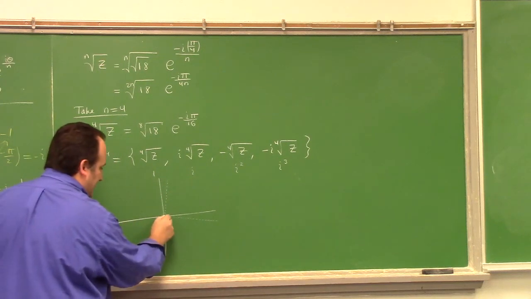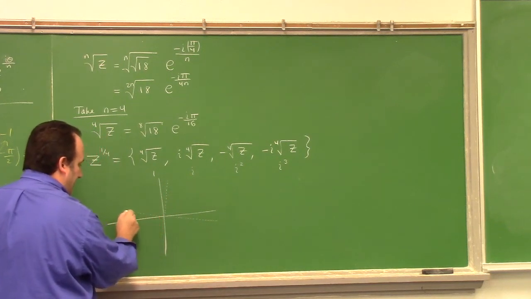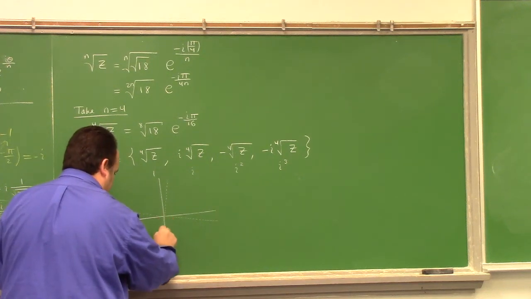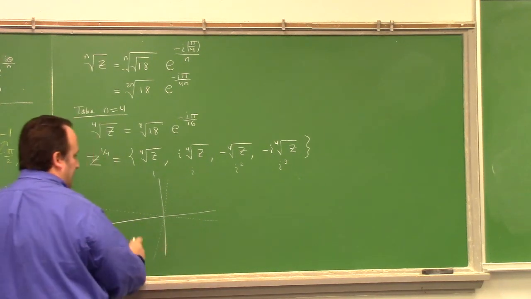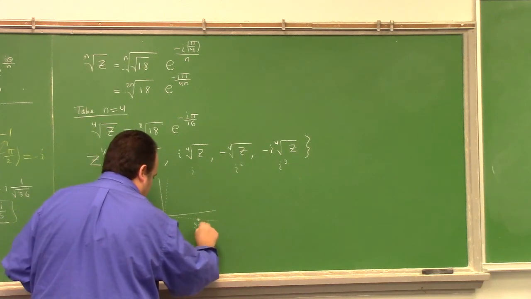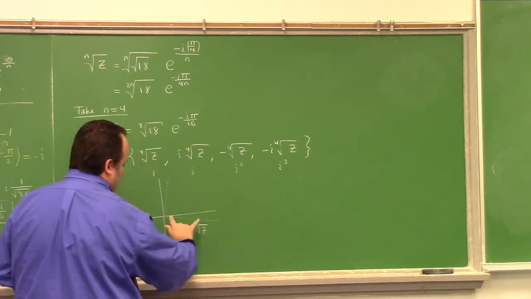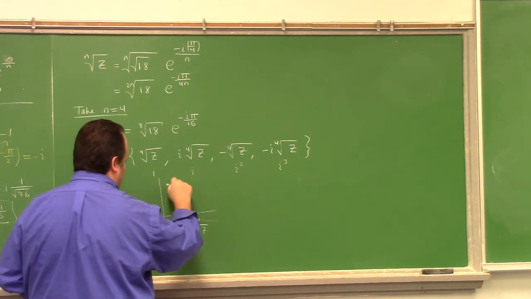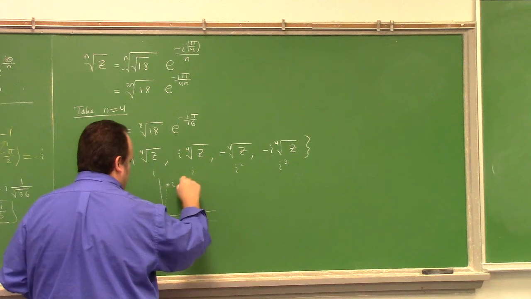And then minus it is over here. And then another 90 degrees down here for this one. So what we're looking at, this would be the principal 4th root of z, and then the same distance. What is the distance to these points? It's what?